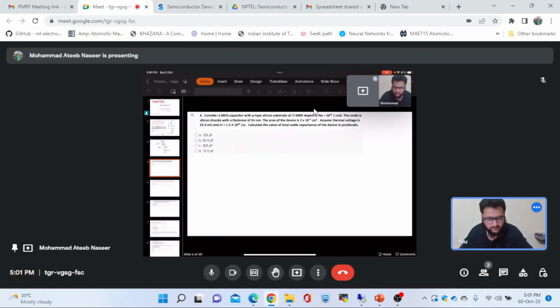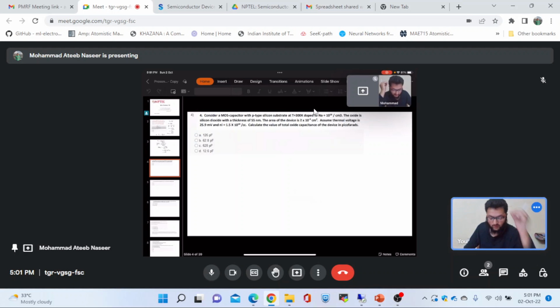It states that we have a MOS capacitor with a p-type silicon substrate, and the temperature is given to be equal to 300 Kelvin. It is doped with an acceptor doping concentration of 10 to the power 16 per centimeter cube.